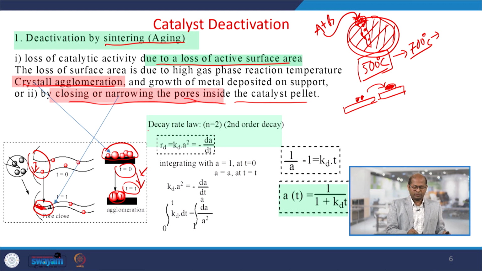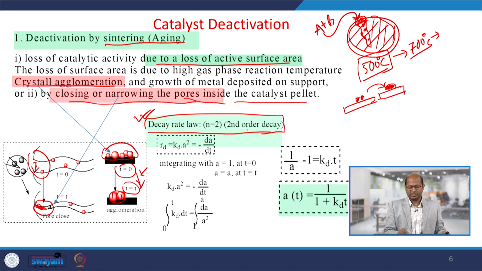Here one example is given of catalyst deactivation, the second order decay. The rate of decay, r_d, we can write as k_d times a squared, which equals minus dA by dt.